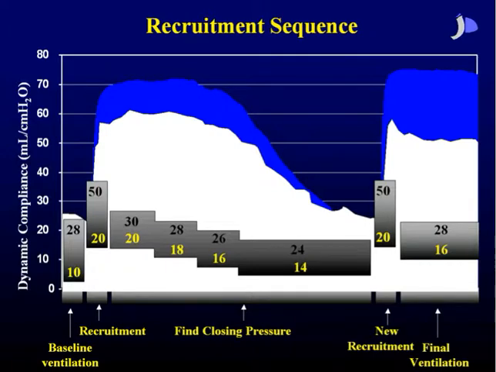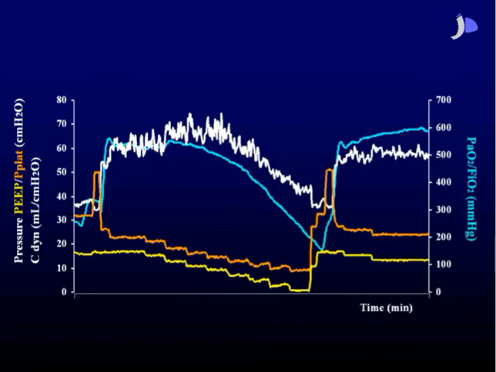So we have a very similar behavior in dynamic compliance during the whole recruitment process. This gave us the idea that there's probably a signal in lung mechanics studied by dynamic compliance, and that we could probably go through the whole recruitment protocol by just looking at dynamic compliance. And this is what we tried to study in this experimental protocol.